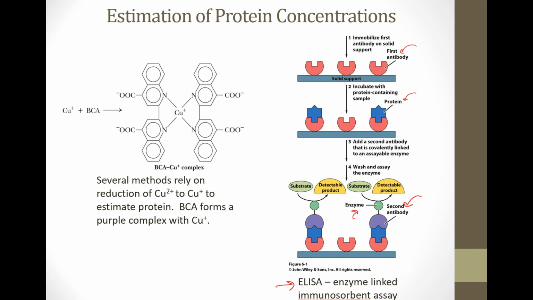There's a variety of modifications to the system used on the detection side that have various pros, cons, and degrees of power associated with them. But this is a very, very common technique. It's a very expensive technique because of the amount of specificity and the number of antibodies used. And so even though it's very powerful, you really need to know what you're doing when you do an ELISA.